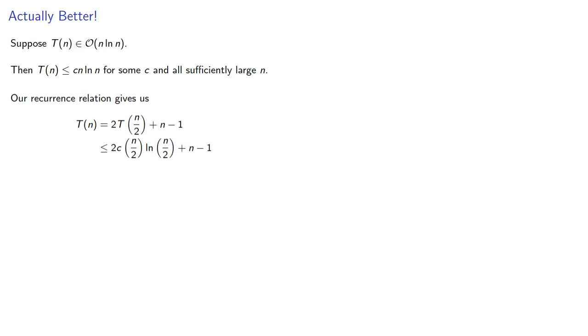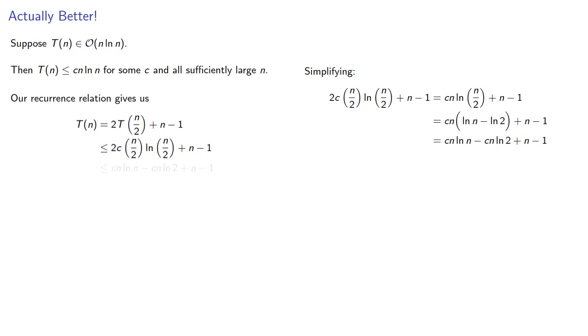So suppose it is. Then T(n) is less than or equal to Cn log n, dropping that into our recurrence relation, and doing some algebra. And we cannot subtract to get a larger value. We can make n larger by multiplying it by C, then factor, and we have a problem because we can't get rid of the n.